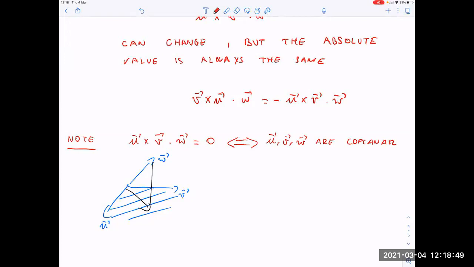Coplanar means, this word means lie in the same plane. So the plane where the box has been squeezed. Okay. Good. Any question about this before we go on?